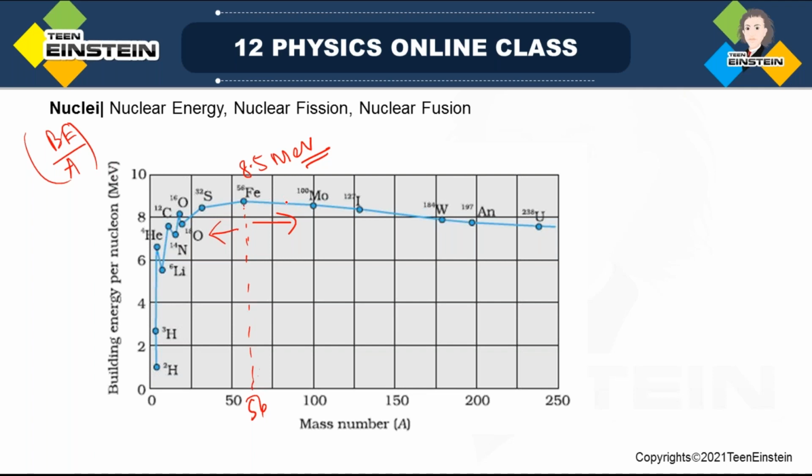Beyond this, the binding energy becomes a little bit lesser.